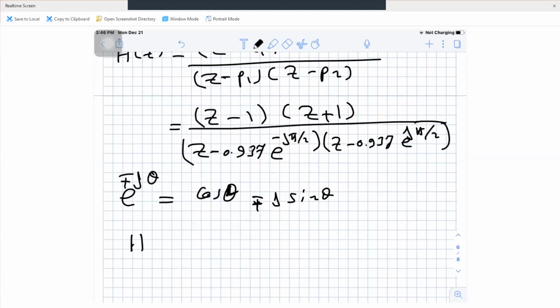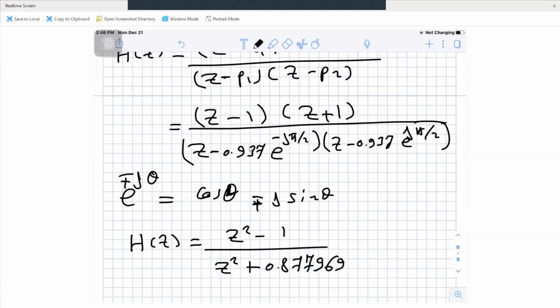Now, H of z will be z squared minus 1 divided by z squared plus 0.877969. Up to this point, we have obtained H of z, which is the requirement of this problem.